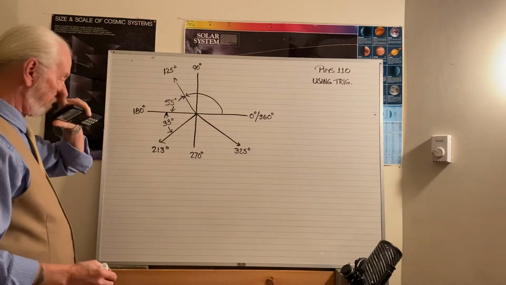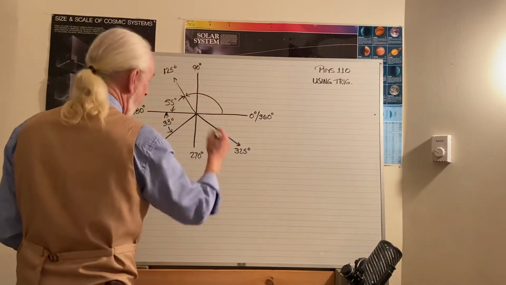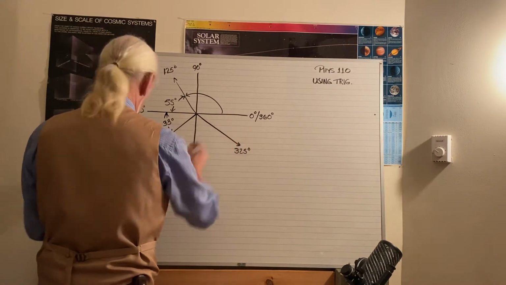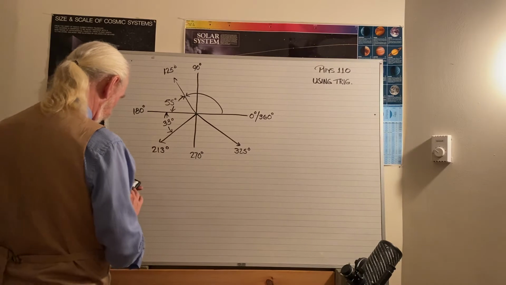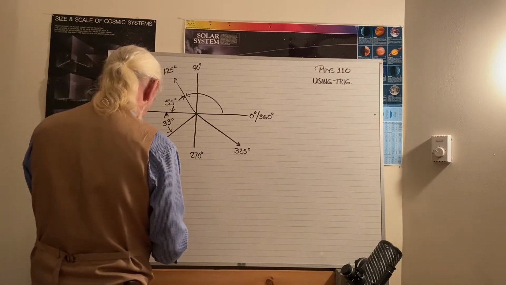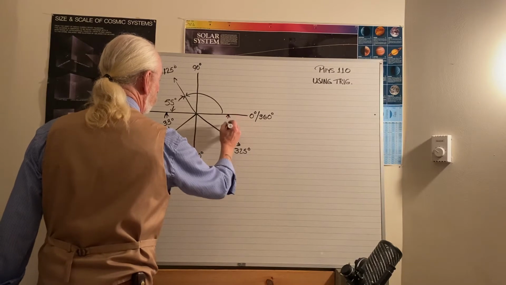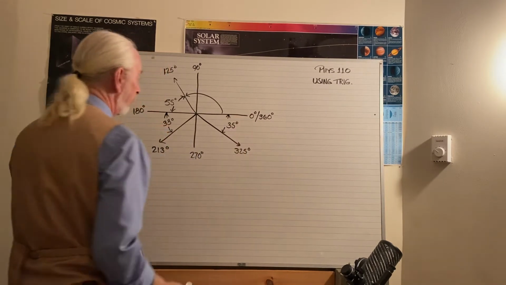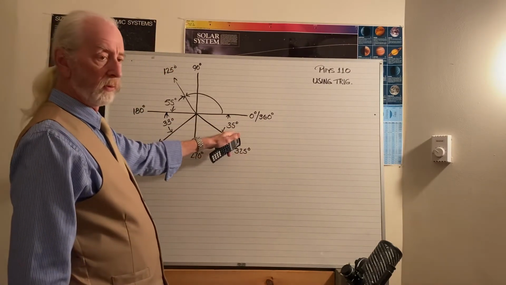All right. This last one here, 325. We're going to take 360 minus 325. That's 35 degrees. So that's 360 minus 325 for a 35-degree angle.